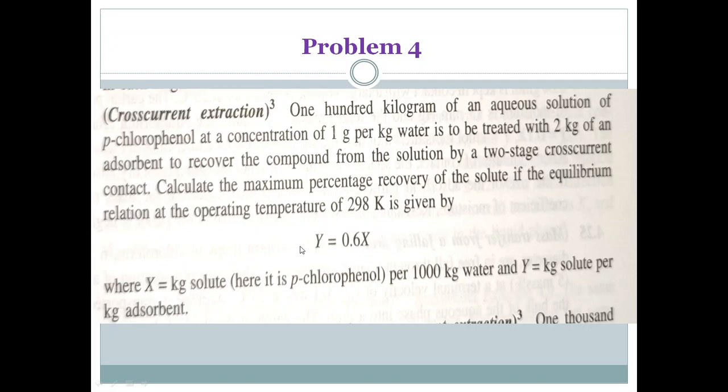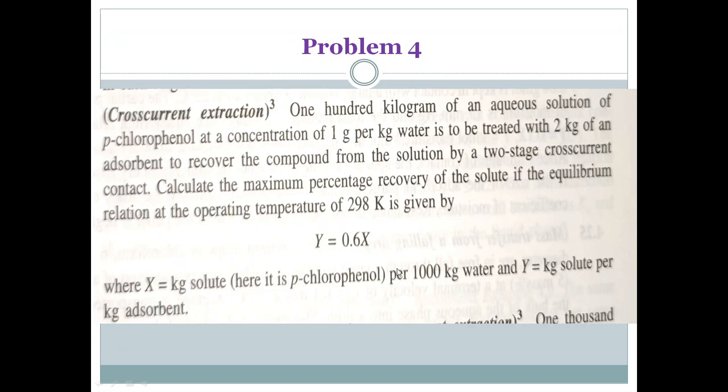Now here if you see, the equilibrium relation is very important, interesting. X is kg solute per 1000 kg water, and Y is kg solute per kg absorbent. So if you see that concentration X and Y, here it is per 1000 kg and here it is per kg.